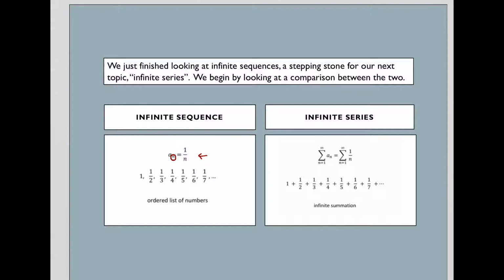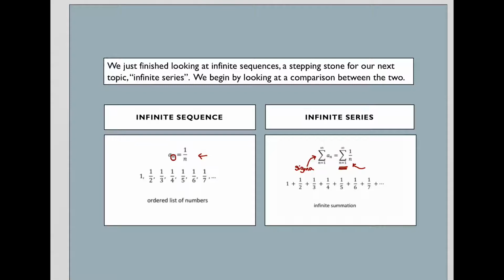Now, compared to the infinite series, we have the same pattern 1 over n, but this time we pair it with this symbol in front of it. We call that symbol the sigma notation symbol. And if you recall from Calculus 1, we did see sigma notation before. We saw that with a Riemann sum. I don't know if you remember or not. Sigma means sum, and this particular sum starts at 1 and goes to infinity.